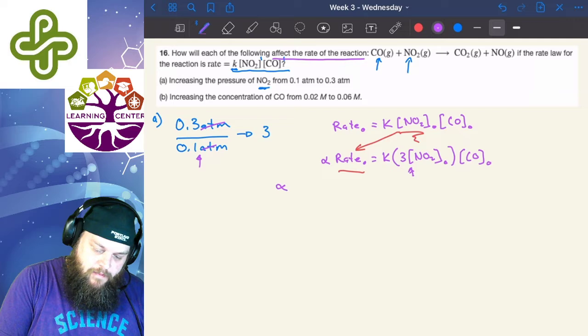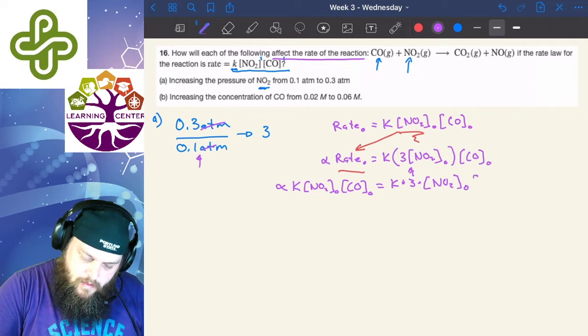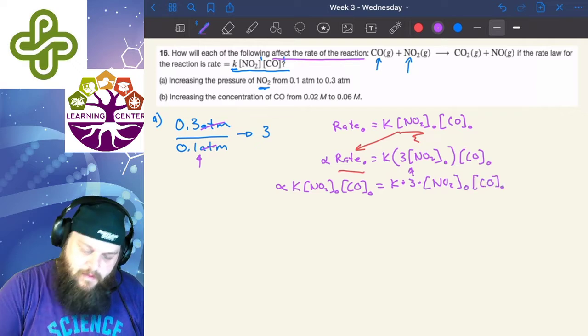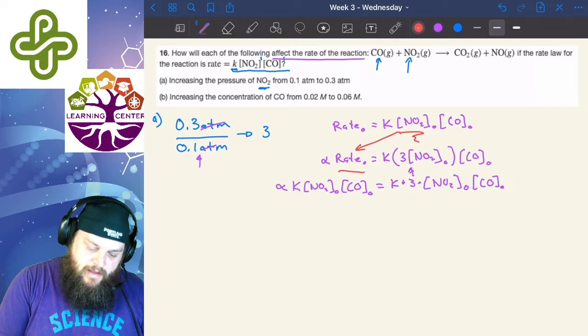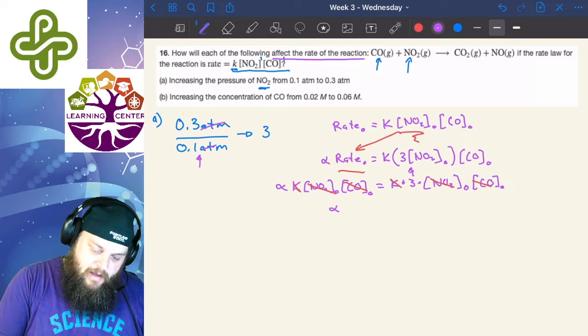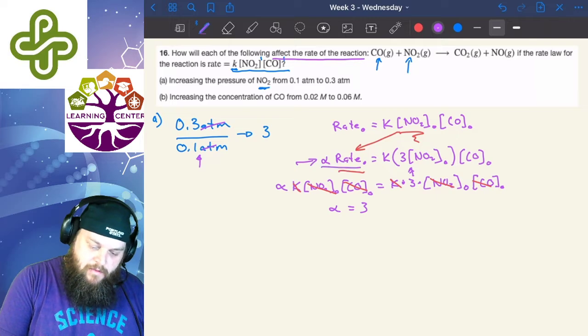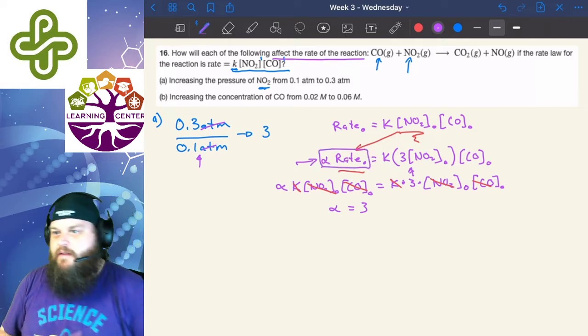I get alpha times K, concentration of NO2, concentration of CO, is going to equal K times 3 times concentration of NO2 times the concentration of CO. And notice now I can just cancel pretty much all of those values out. And this tells me that my alpha is equal to 3. So that means my rate for this new equation is going to be 3 times the rate of the old one.